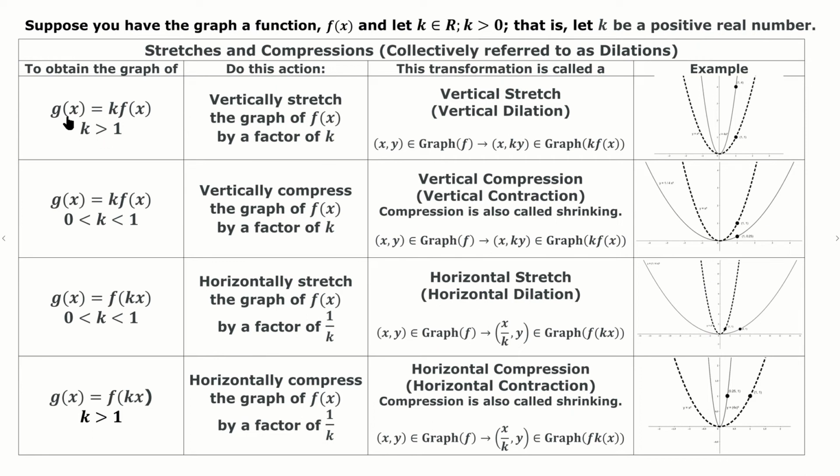So what if we have a function f of x, and again we have a constant k which is positive? What will we need to do to the graph of f of x? Notice f of x here is being drawn as the dashed graph. So what will we need to do to that reference function in order to obtain the graph of this function? Now notice here we're multiplying k by the f of x, or the y value, so by the output.